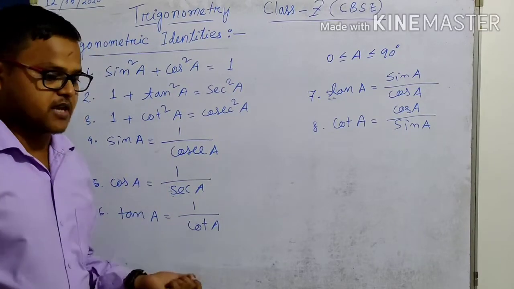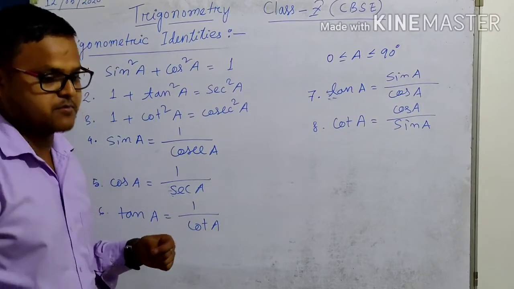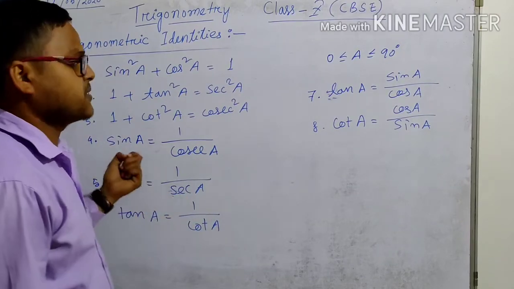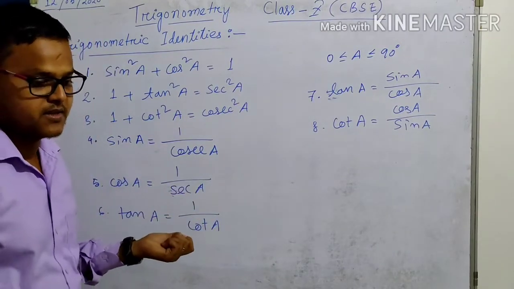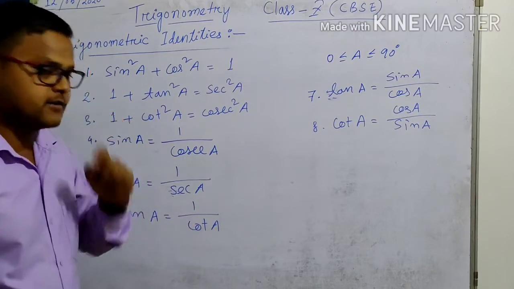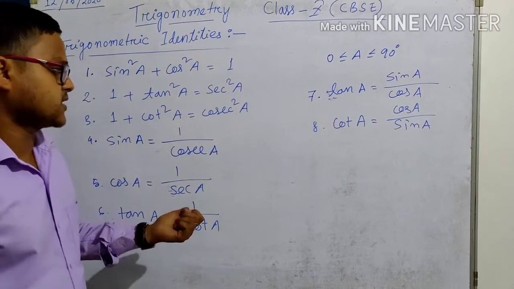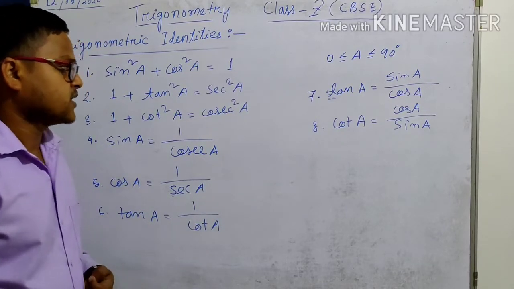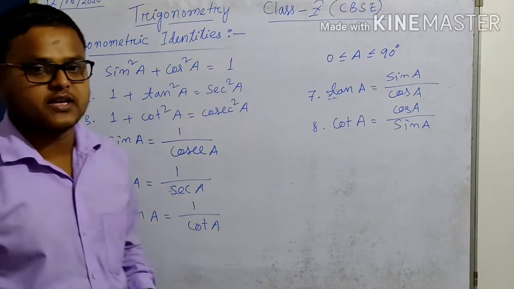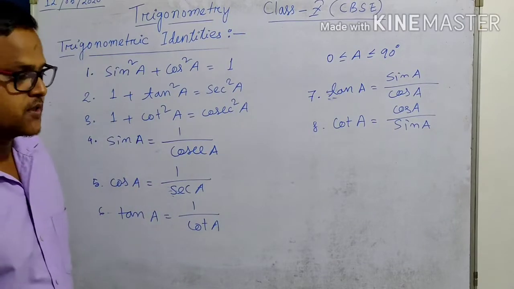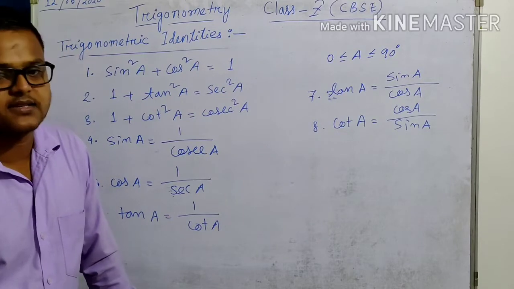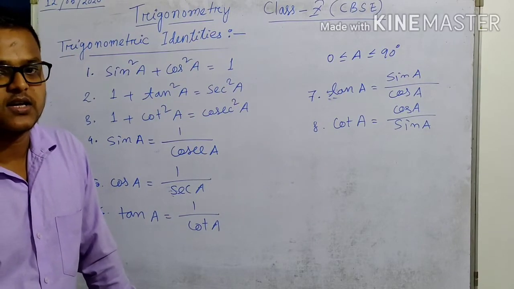Sometimes it may be theta, sometimes alpha, sometimes beta, sometimes A, sometimes B. Different values you can put. For your understanding I just put a variable. Now I will take some examples to make these identities easy to understand.